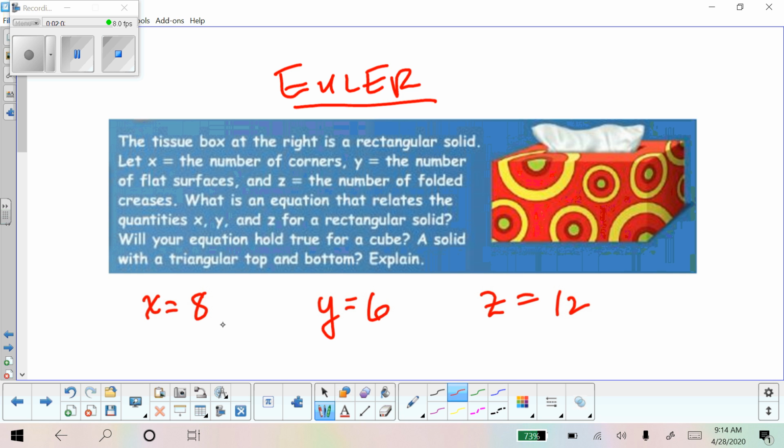He noticed that the number of vertices and faces together is always two more than the number of edges, which is kind of cool. So with more difficult polyhedra, we can use that formula to help us figure out how many of each of these parts there are.